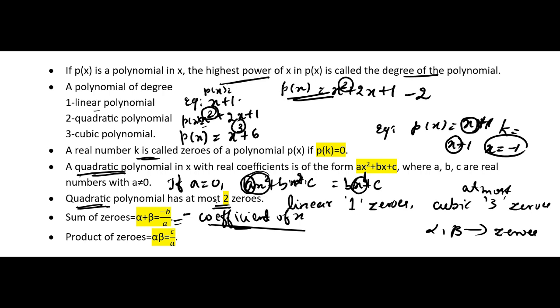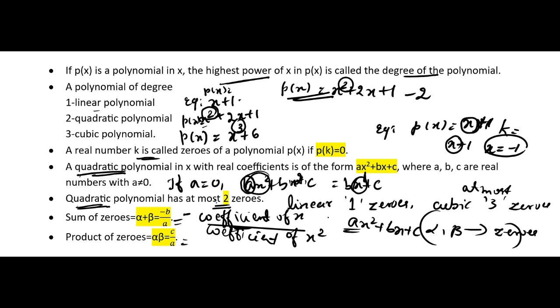a, which means the coefficient of x square. The product of zeros, alpha into beta, is equal to c by a.